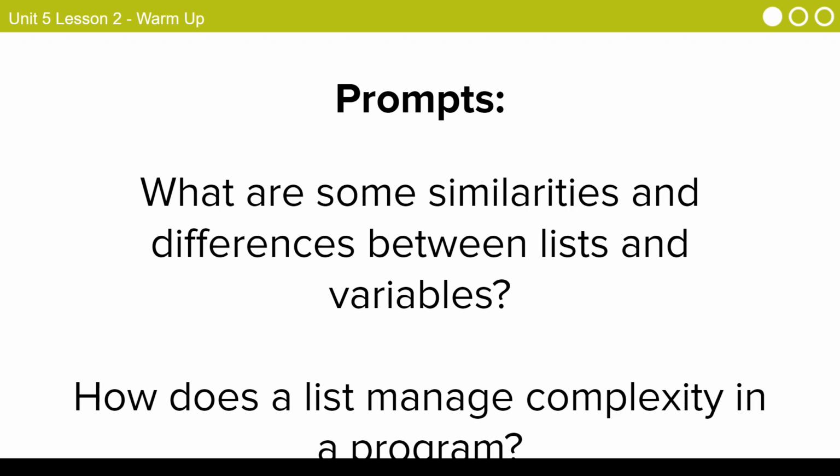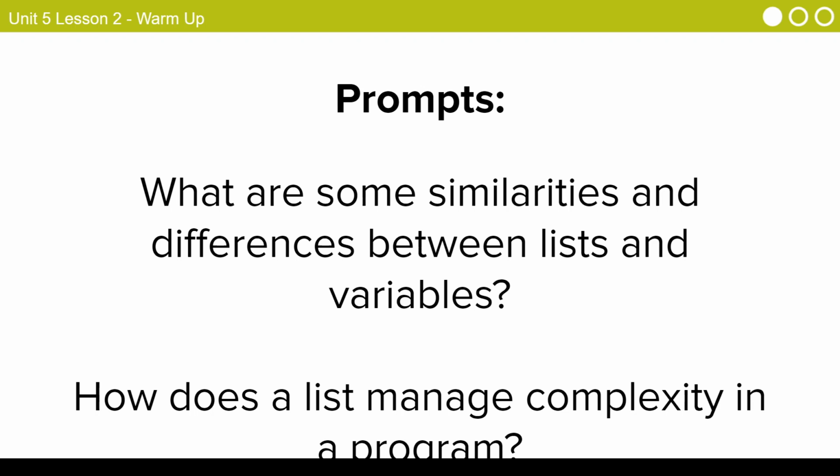Maybe a better question would be, what are some similarities between what we call primitives, so storing a string or storing a number in JavaScript, versus lists. And so the difference is obviously lists can store a whole bunch more information all in one nice encapsulated bundle.